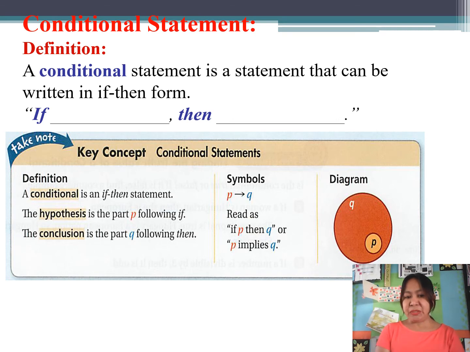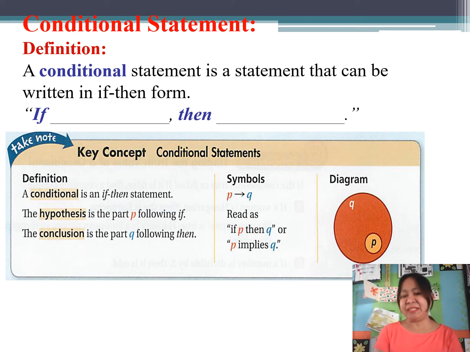A conditional statement is an if-then statement. It has two parts: the hypothesis, or the P part, which can be denoted as P, and the conclusion, which is denoted by Q.